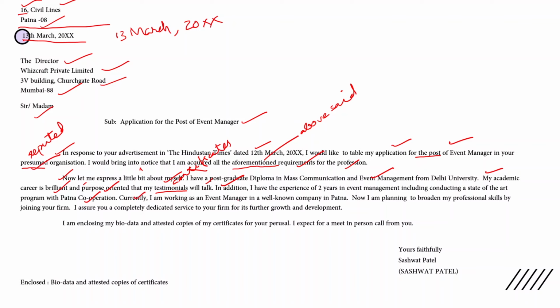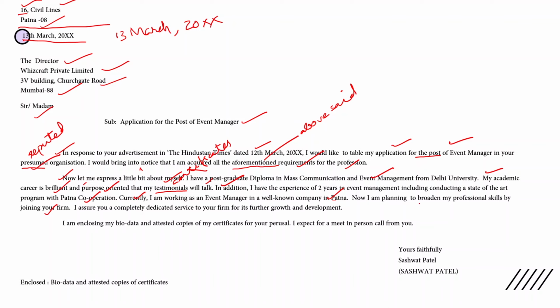Currently, I am working as an event manager in a well known company in Patna. Now I am planning to broaden my professional skills by joining your firm. This is the reason by which you are going to leave the present working company.